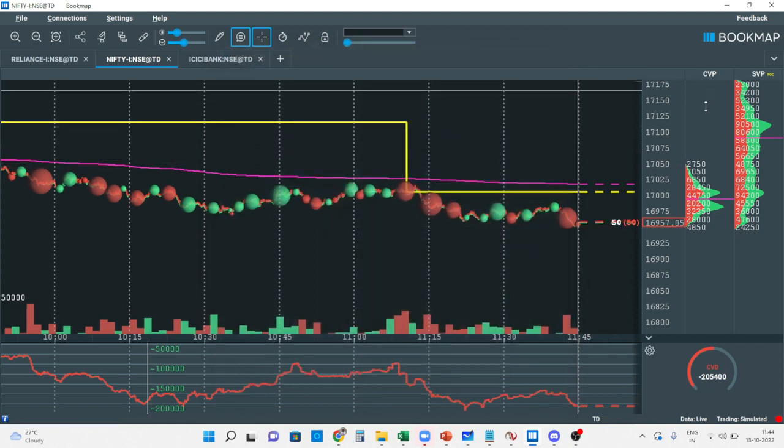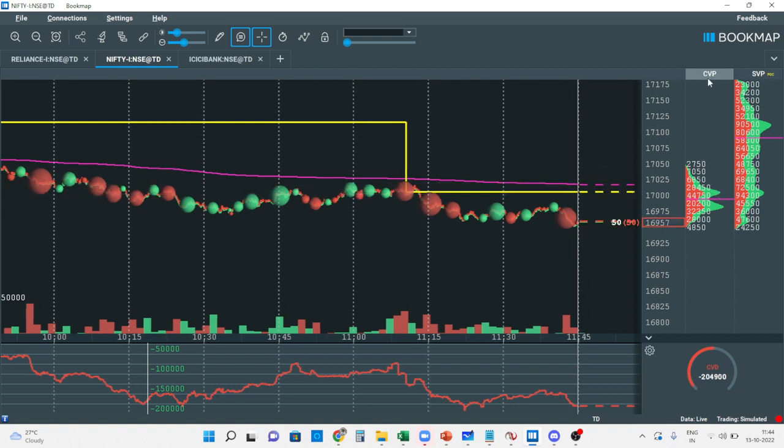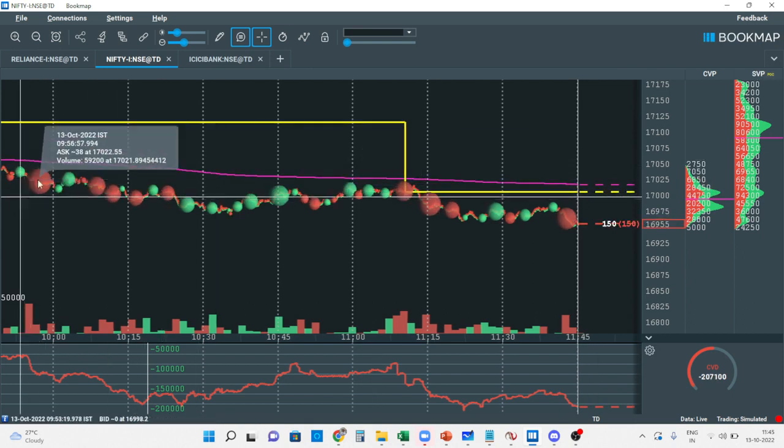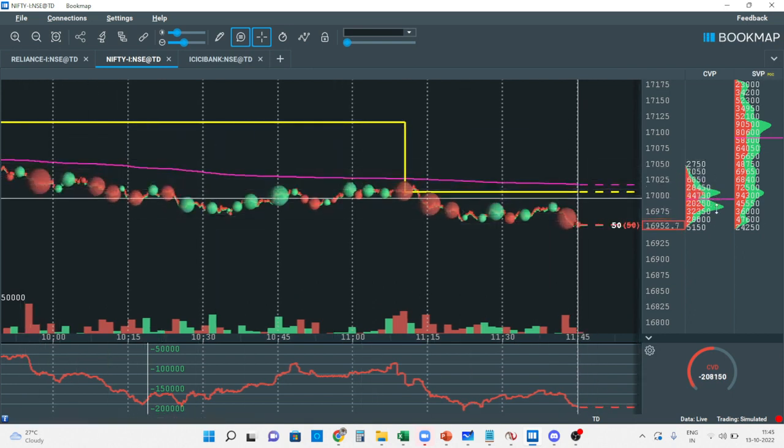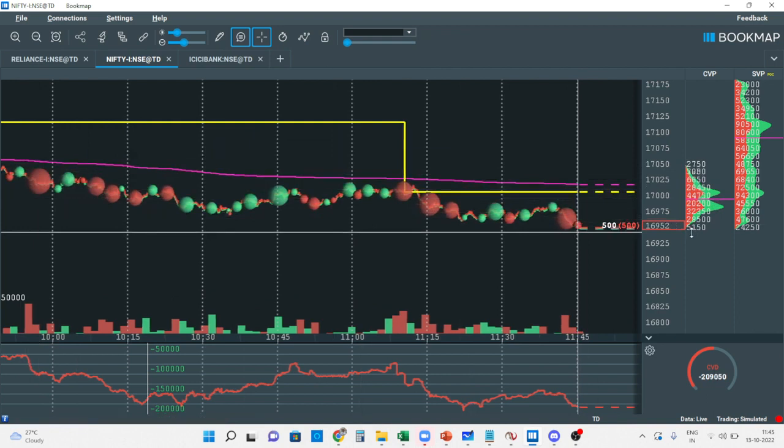And on the extreme left-hand side, you are seeing two things. One is CVP. CVP stands for cumulative volume profile, and SVP stands for session volume profile. So the CVP shows the volume activity in a distribution format, where the volume is more for the visible space.